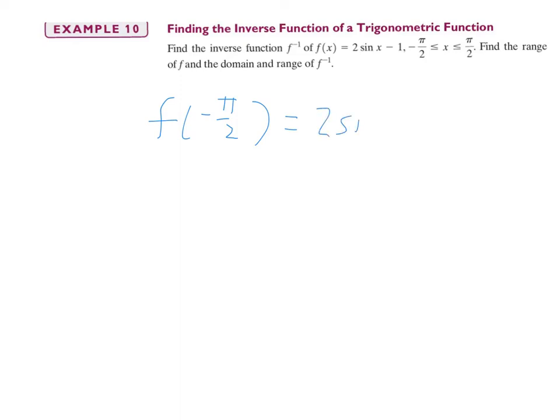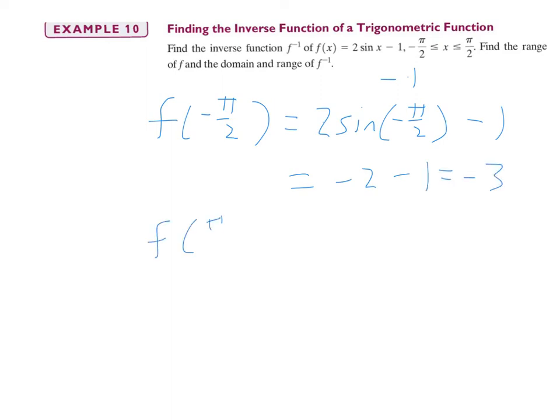It'd be 2 sine of negative pi over 2 minus 1. So sine of negative pi over 2 is negative 1, times 2 is negative 2, minus 1 is negative 3.